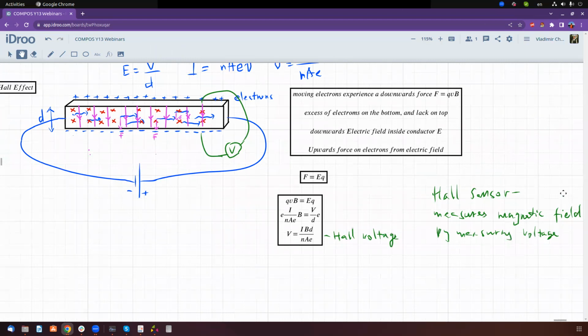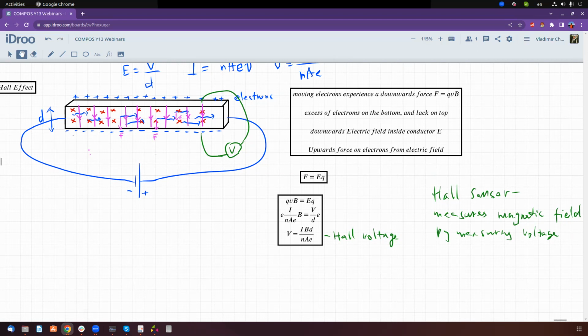If you made the conductor hollow, is that how you make the velocity selector in a mass spectrometer? Well, here it is just like a velocity selector, except it will automatically adjust the electric field so that they always move straight.